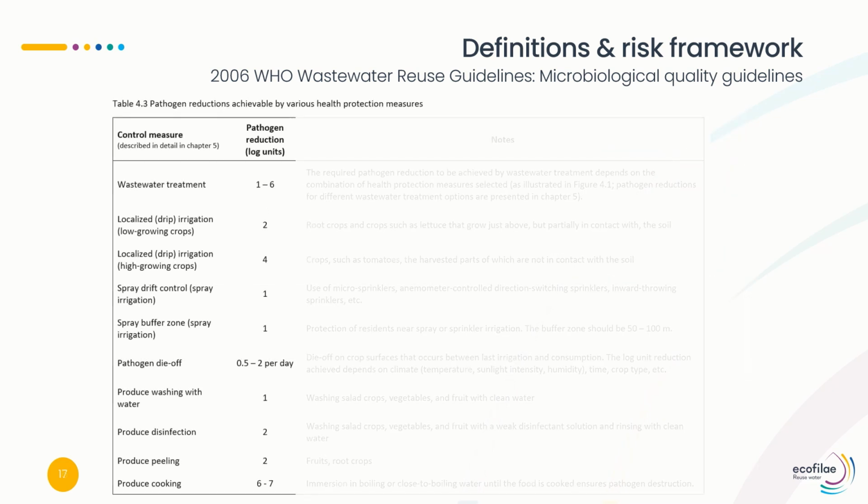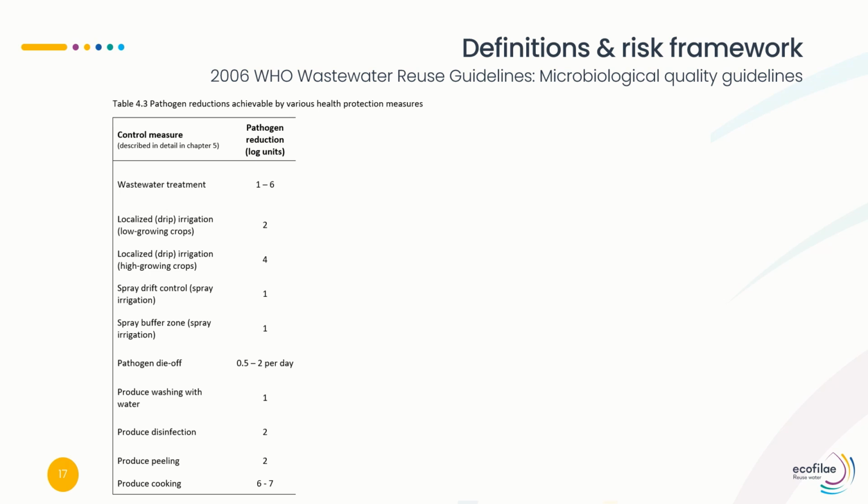One of the benefits of thinking in terms of pathogen log reductions in comparison to simply using a target value is that typical log reduction values can be assigned to many different treatments and control measures, and these log reductions can be added together to achieve the desired reduction total. Examples of typical values are shown in Table 4.3 of the WHO guidelines.